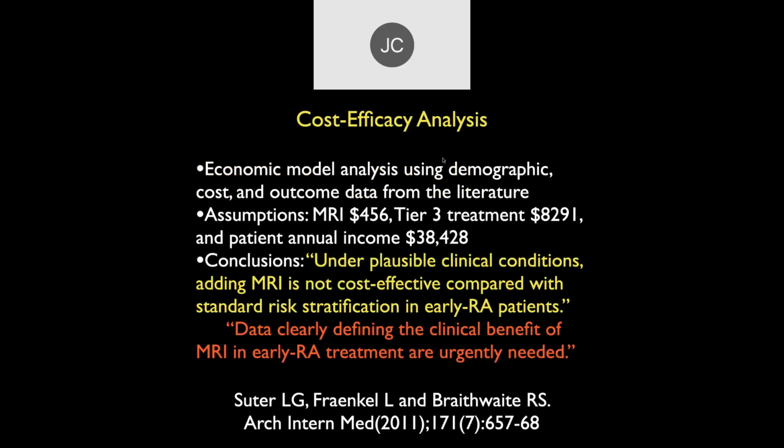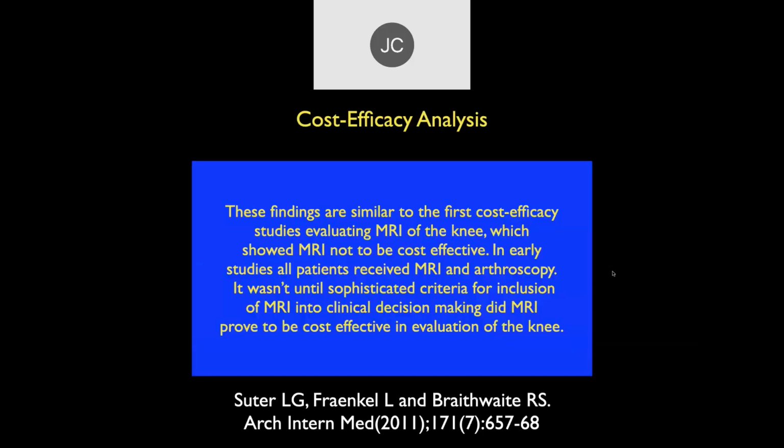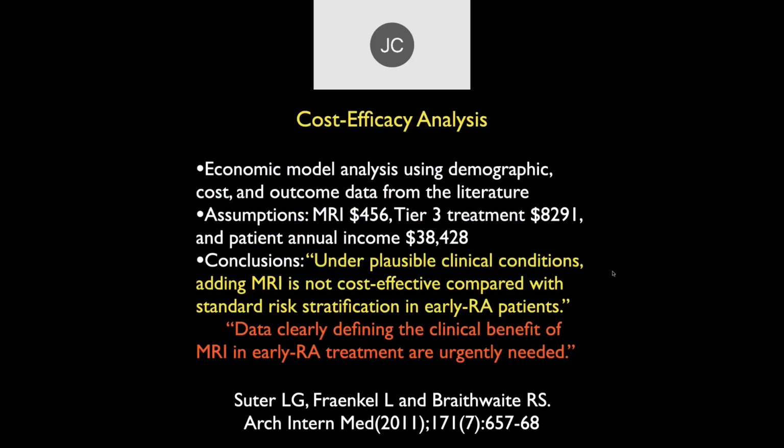And this was a study trying to look at cost efficacy of using MR. Again, the criteria were not the criteria that we thought were optimal, and this basically was a study showing that they couldn't prove cost efficacy for adding MR to the analysis.